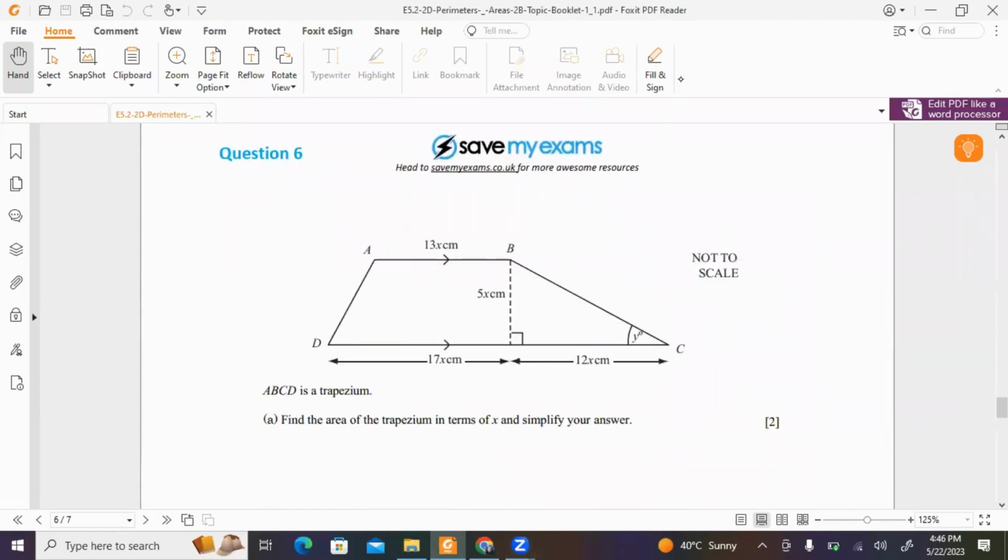Question 6 is saying ABCD is a trapezium. Find the area of the trapezium in terms of x and simplify. As you know, the area of a trapezium is 1 over 2 times the height times the sum of parallel sides.